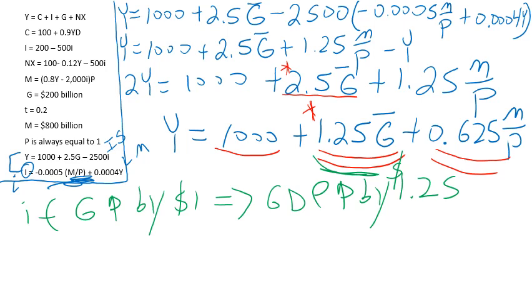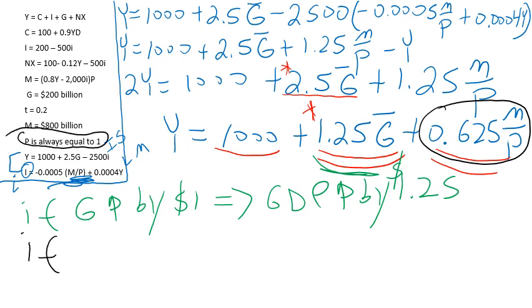Now, let me try black. This number here, 0.625, that's the monetary policy multiplier. And what exactly does it mean? Well, it means the following. If the money supply, here I must make you aware once again that P is predetermined. In other words, it's constant, it's 1.